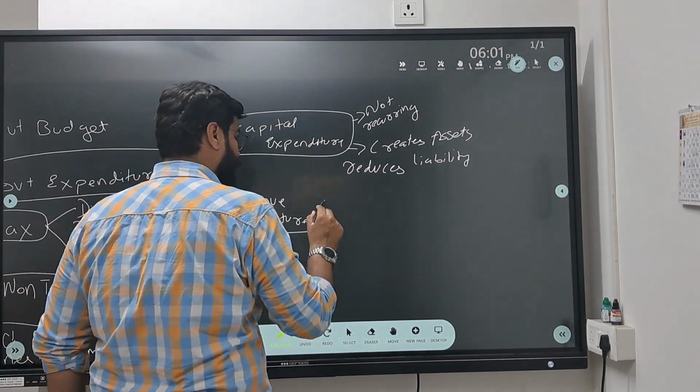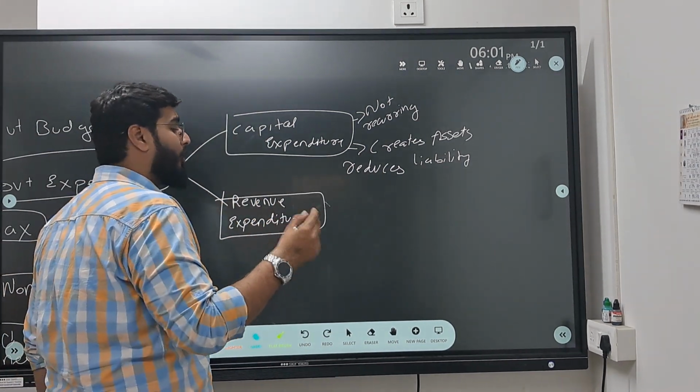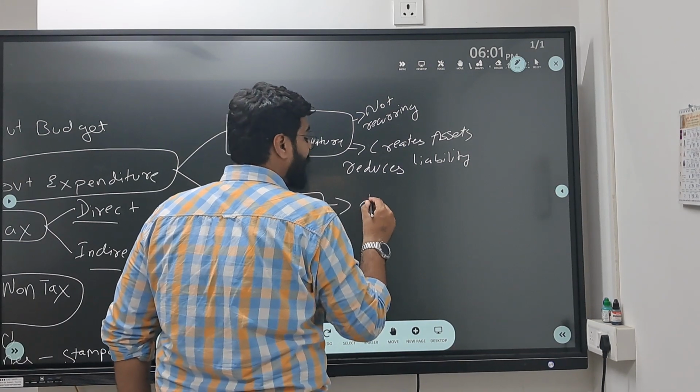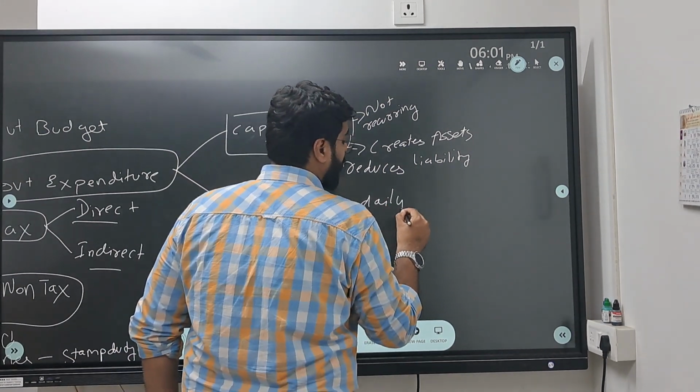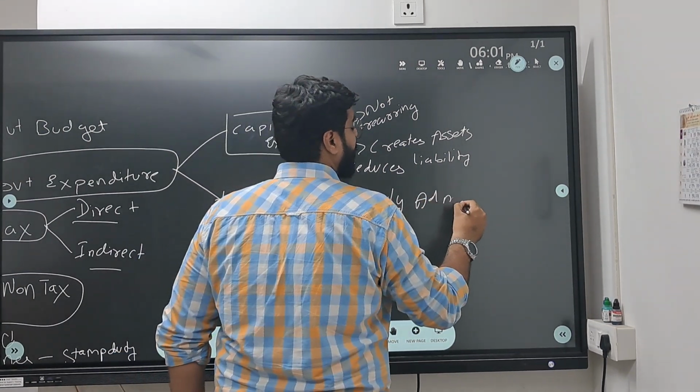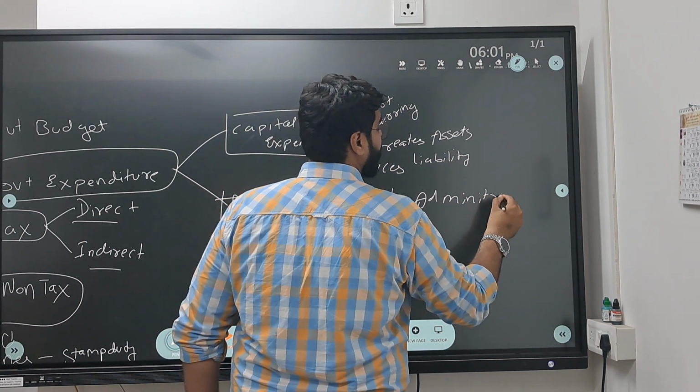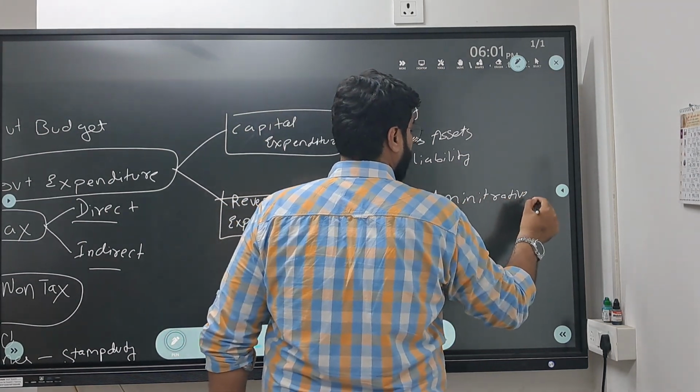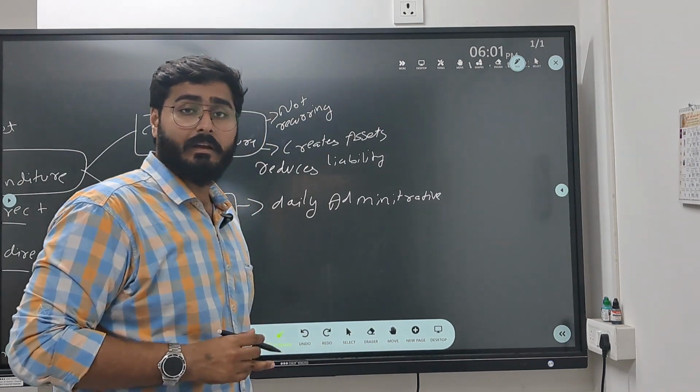Revenue expenditure are those expenditures which government does for daily administrative work, for administration of the country.